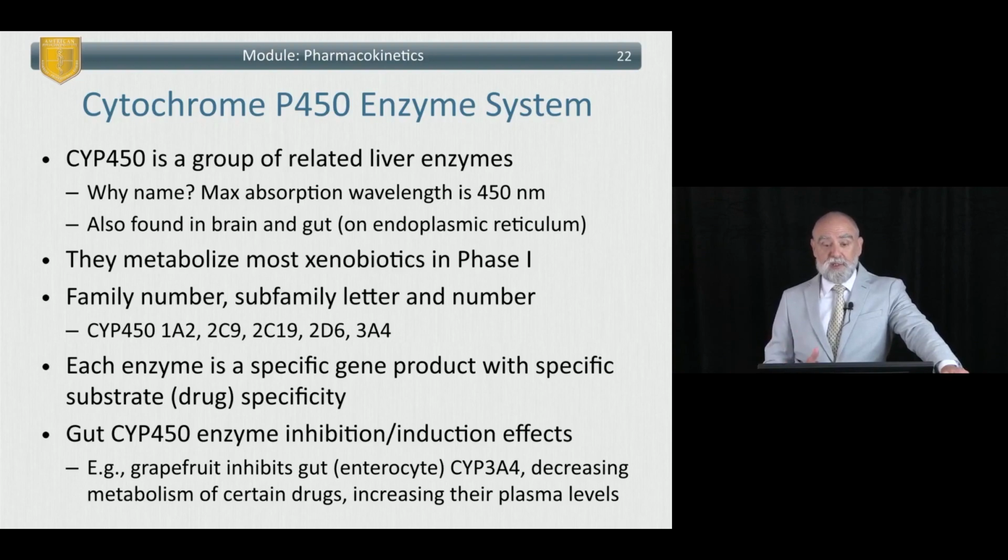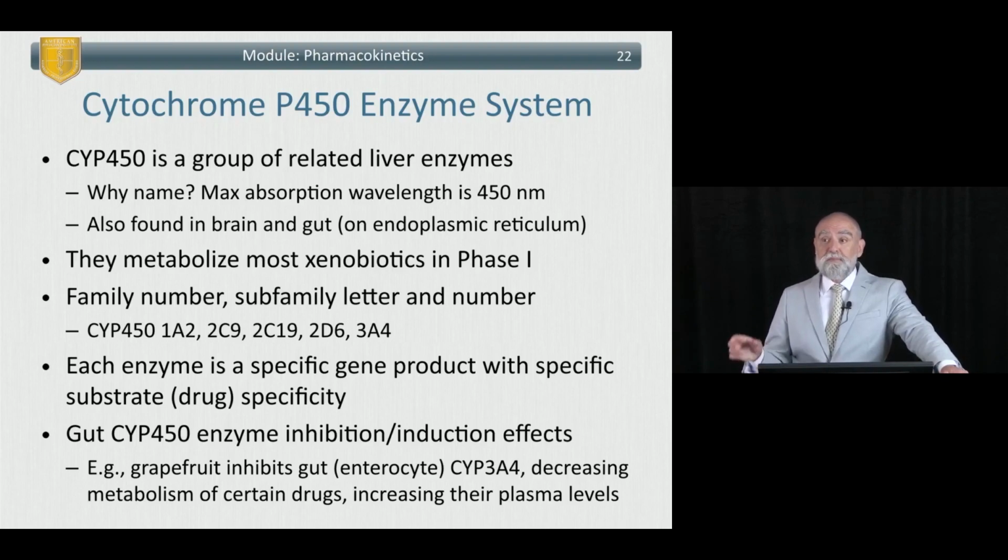These are from the same family and the same subfamily, and they differ in their specificity. They're different enzymes, but very similar to one another. And then all of the 2s, 2C9, 2C19, 2D6, are going to be more similar to each other than to 3A4 or 1A2. Each enzyme is a specific gene product with specific substrate drug specificity.